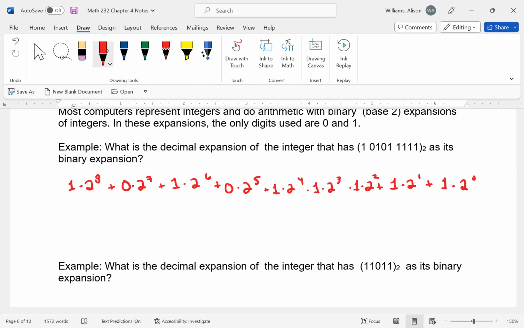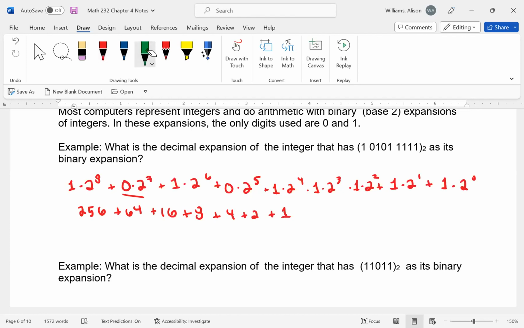So 2 to the 8th comes out to 256. This is 0. 2 to the 6th is 64. 2 to the 4th, I know that one, that's 16. 8, 4, 2, and then the last one is 1, right?